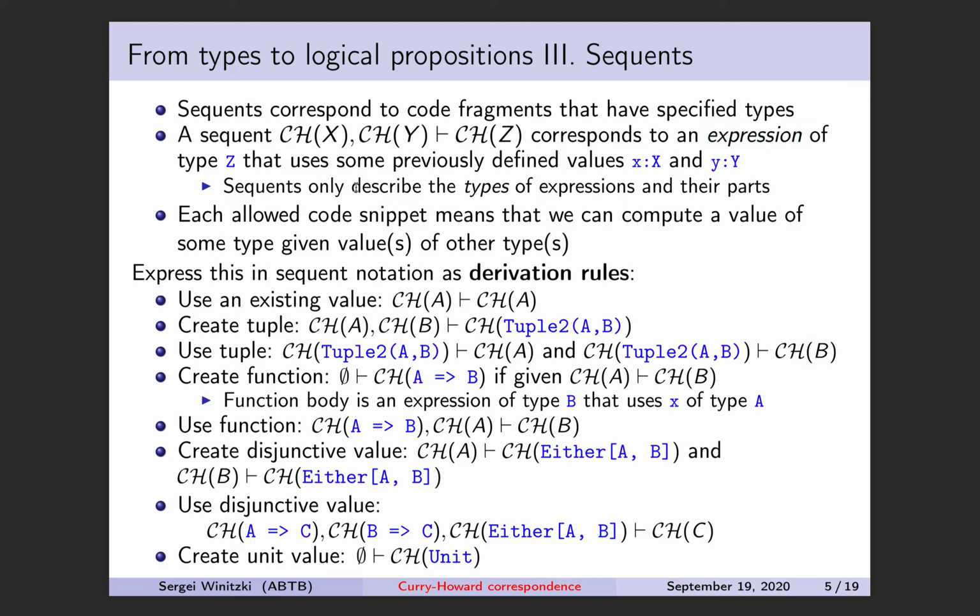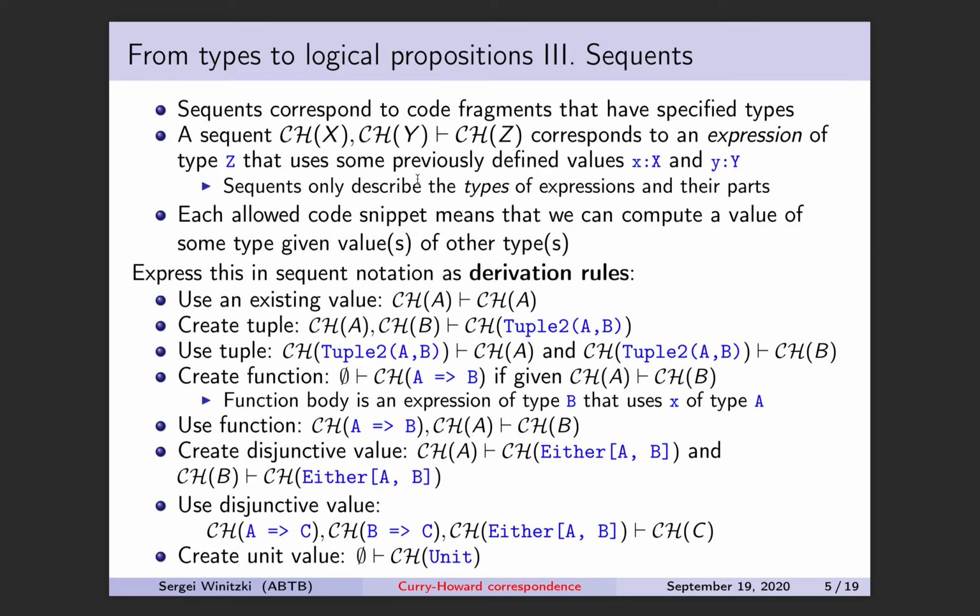It's important to notice that sequents only describe the types of expressions and of the different parts of the expressions. They do not actually describe code directly. So you could, in principle, have different code with the same type in some cases, and that's not described by the sequent. The sequent will be proved if you have some code of that type. A sequent does not describe how many different inequivalent implementations you can have.